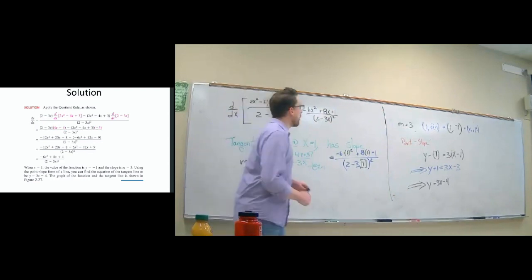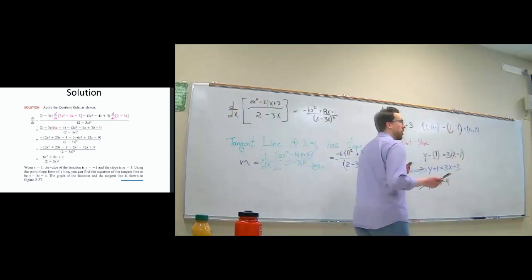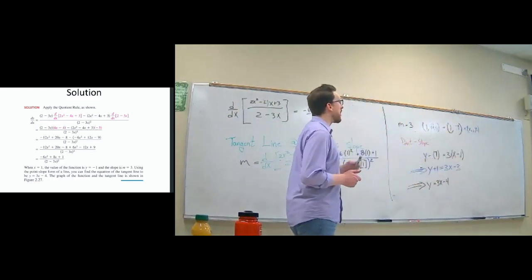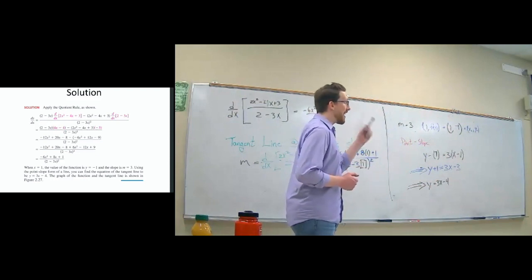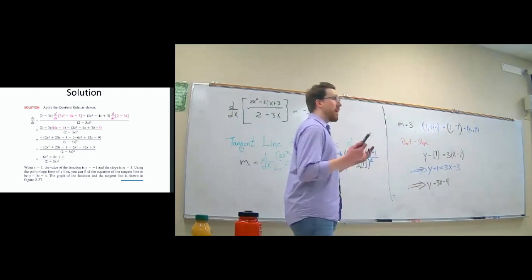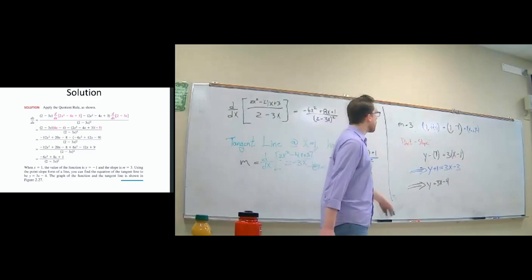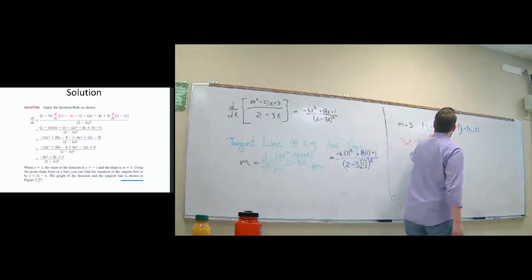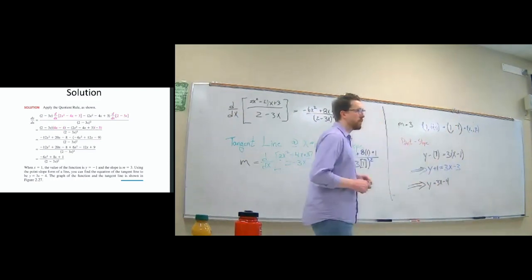Then I said our x naught, y naught has to be on our function, right? So we want to find the tangent line at x equal to 1. Well, that means we automatically know one point on our tangent line. It's going to be the point 1, whatever your function evaluates to at 1, which was negative 1.